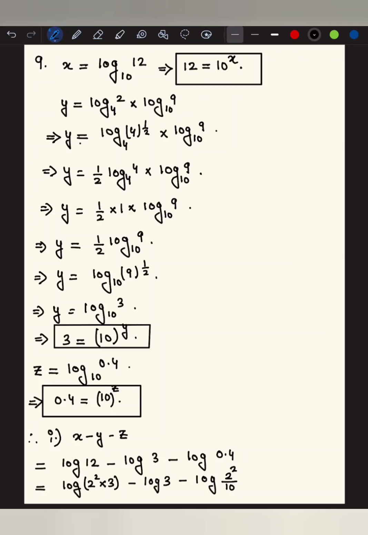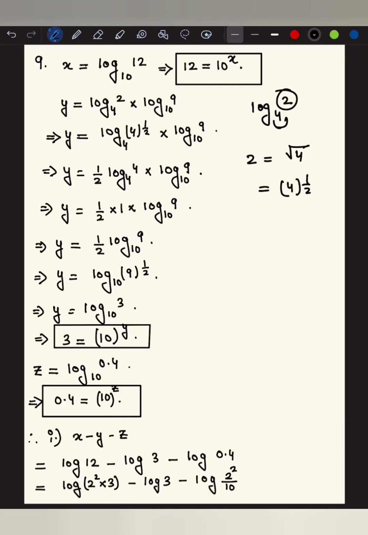Y equals log 2 base 4. Here, look. We need to express this 2 in terms of 4. So 2 can be written as root over 4, that means 4 to the power half.